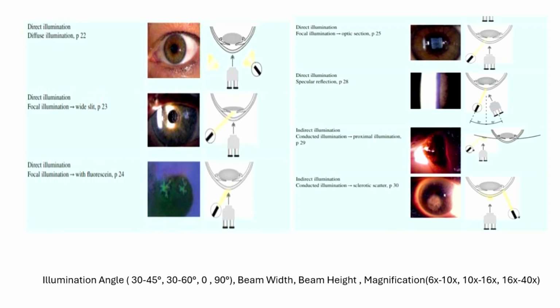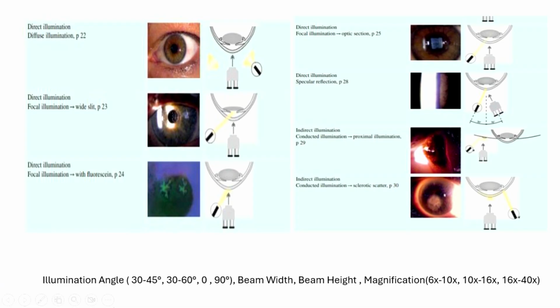And we have beam height, beam width, and magnification. Beam height and beam width are adjusted by means of a knob present on the slit lamp. Magnification also has three types: low, medium, and high. Low ranges from 6x to 10x, medium from 10x to 16x, and high from 16x to 40x.